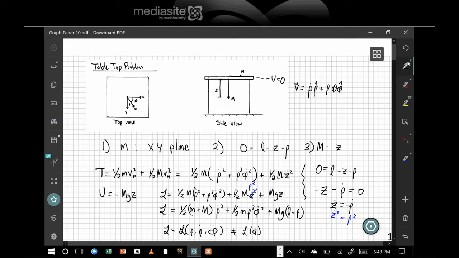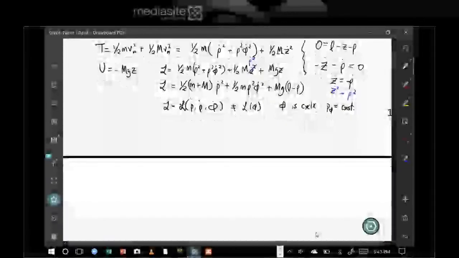That's important. That means that phi is ignorable, or cyclic, and that means that p sub phi is going to be constant. That means that the angular momentum of the system is going to be conserved. So now we can start off with that, and we wrote down what that angular momentum is.